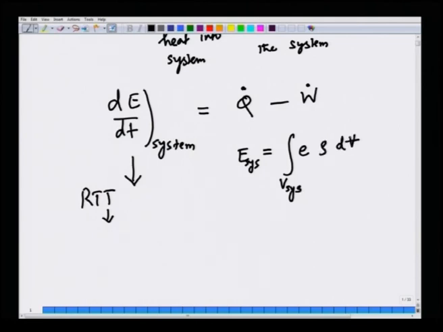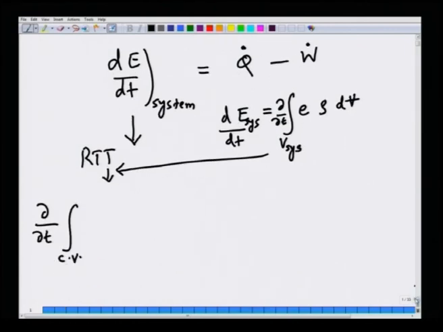We want d dt of this. In order to do this, we have to use the Reynolds transport theorem, which will tell us that this is nothing but the rate of change of energy of the control volume.